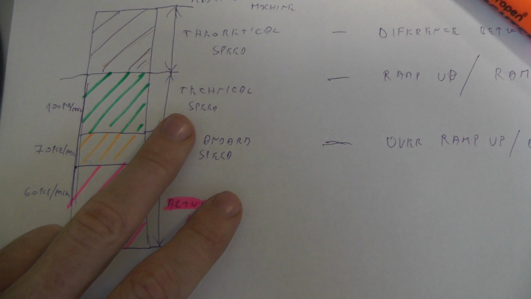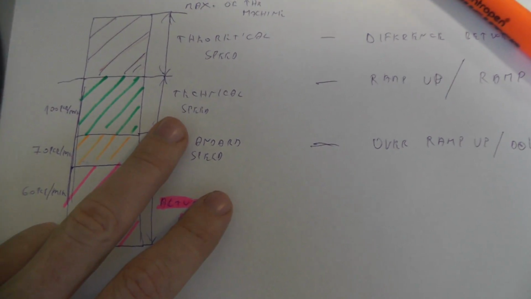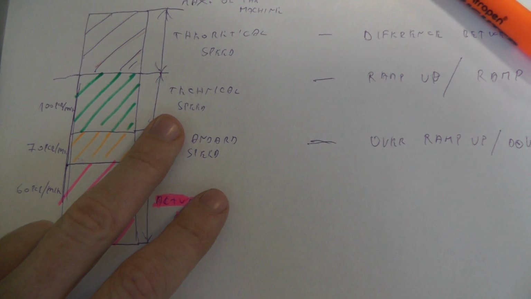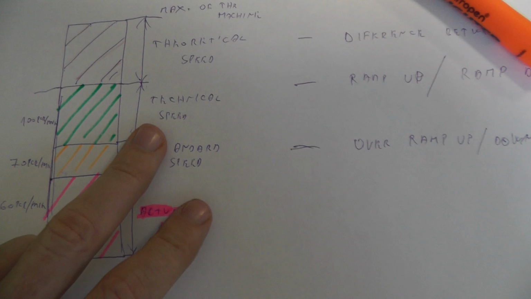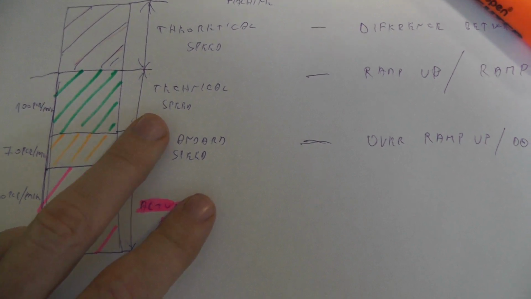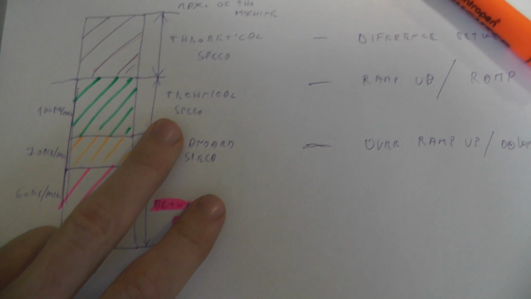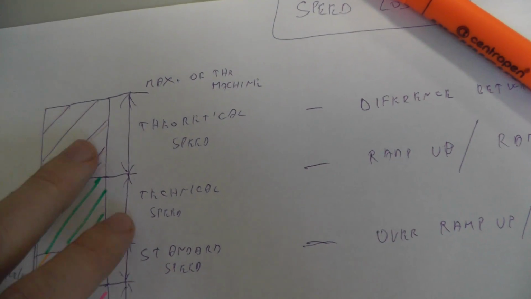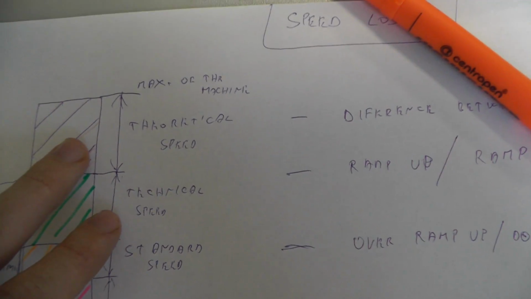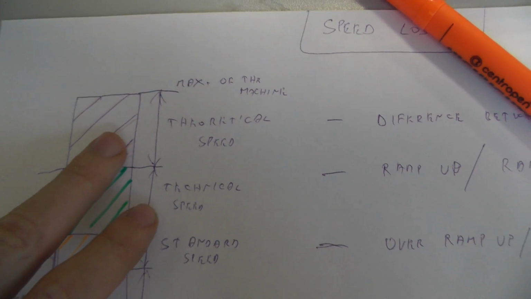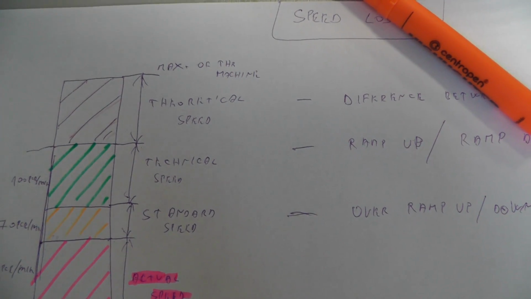Technical speed is a physical limit due to interaction between machine and product, for example temperature, acceleration, reaction time, etc. And of course the theoretical speed is about the physical limits of the machine.